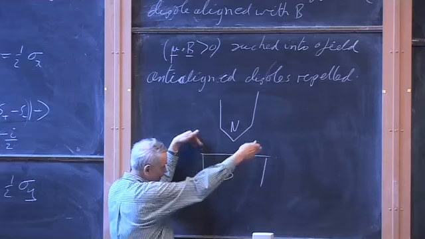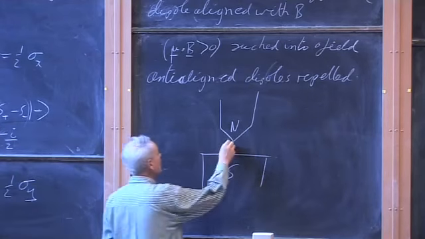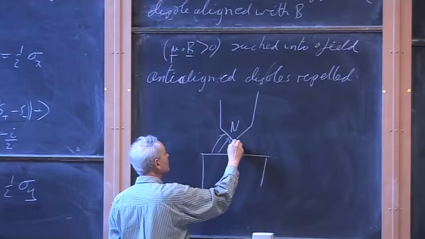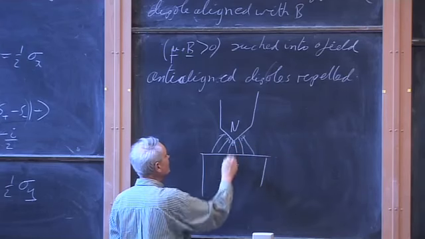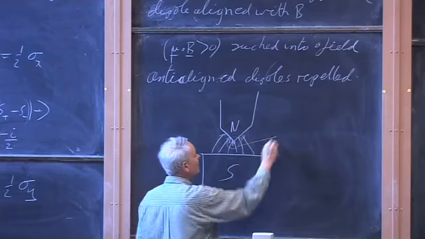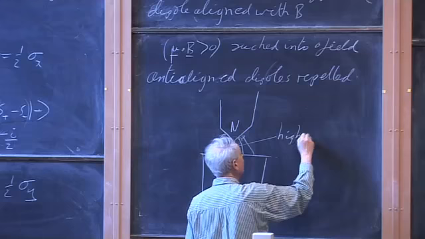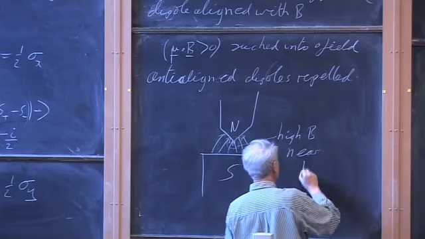But it could also be concave like this. And then you can imagine how the field lines run. The field lines run like this somehow. I'm not doing a very good job of it. My diagrams are usually rather rubbish. The point is that here we have a crowding of field lines, which means we have high B near the knife edge.